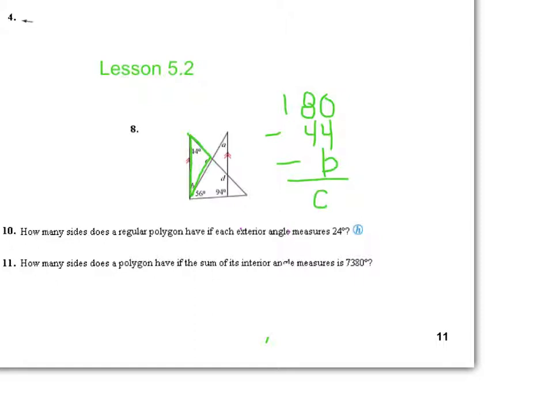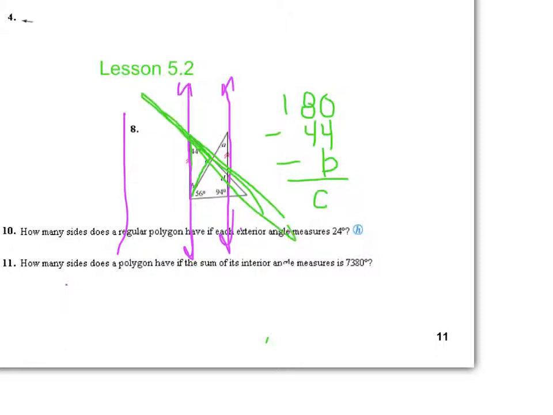Taking a look at the parallel lines here, and the transversal here, I can see that the 44 degrees and this angle over here are congruent because those are alternate interior angles.